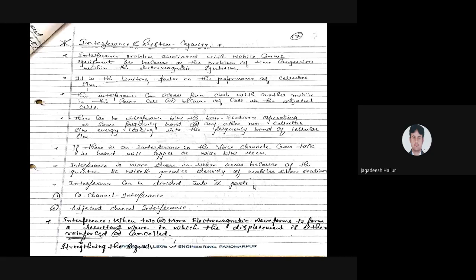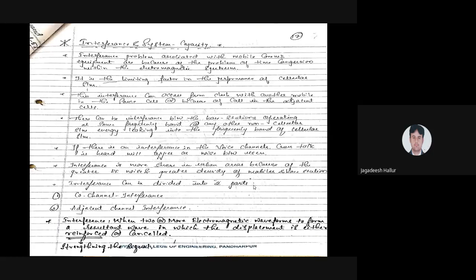So these are the points of view where interference is going to happen. If one cell has the same frequency as another cell, interference will happen. When both base stations operate at the same frequencies, interference happens. Interference also happens as crosstalk between two signals. Interference is mainly more in urban areas because of the greater density of mobiles and base stations.